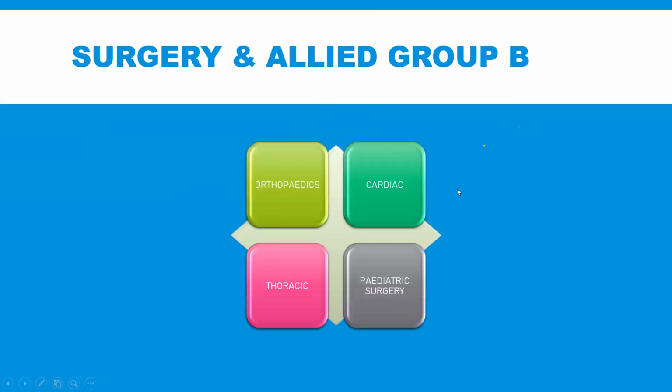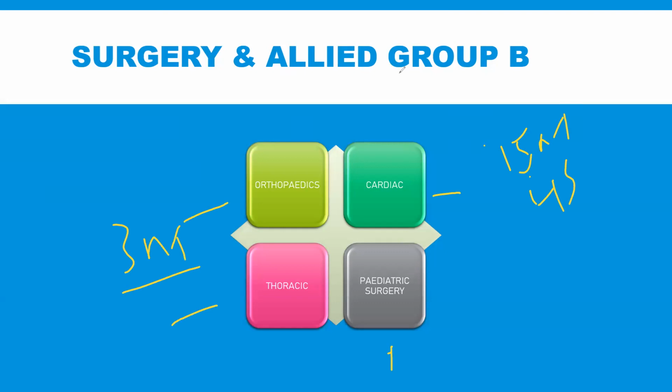In group B, let's suppose you again have 4 specialties. Orthopedic is the same. You again have to take 15 months of general surgery training, and after that 3 months of compulsory orthopedic surgery training, followed by rotations in cardiac surgery, thoracic surgery, and pediatric surgery.